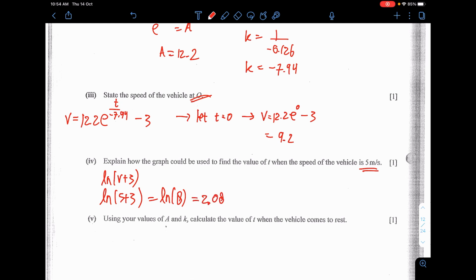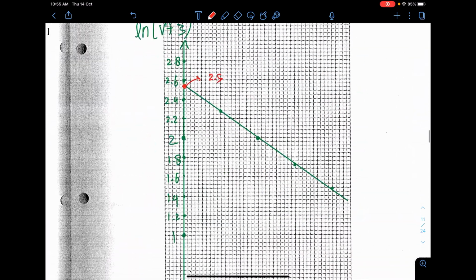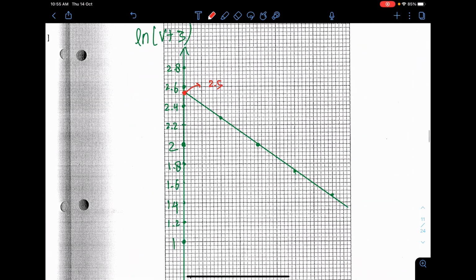So how do you actually get it? Tell them to draw a horizontal line at 2.08, and actually find the intersection of that line with the graph. Okay, so 2.08 is somewhere around here.